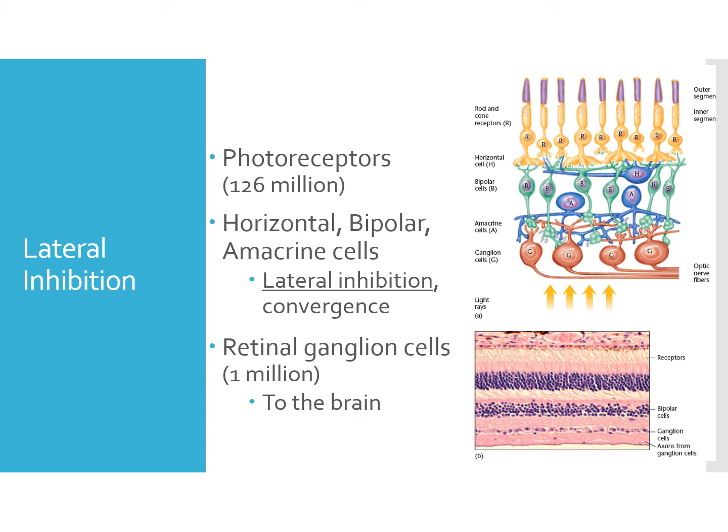If you look at the picture to the right, the horizontal cells are going kind of perpendicular to the basic communication that's happening, and so are the amacrine cells. By going perpendicular to those cells, they are communicating laterally, as it's called, and oftentimes they are providing some amount of inhibition from our excited neighbors.